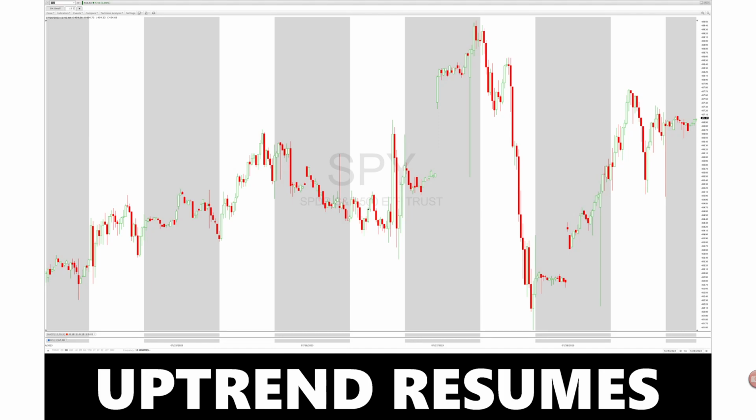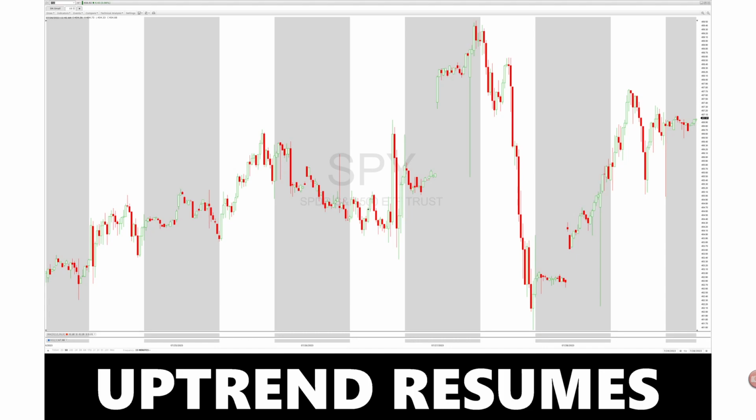Over the weekend, last weekend, not this weekend, I developed not a new indicator, but an upgrade of the MACD. You're going to see some slides on this. I call it the MACD-V, for velocity.